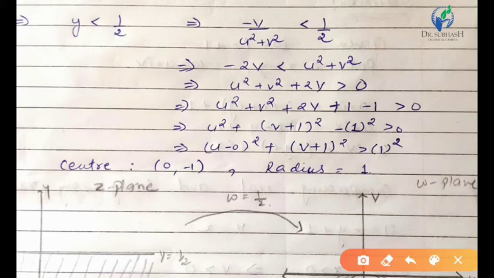Now again, by the equation of circle, u square can be written as u minus 0 whole square. v plus 1 will be as it is, v plus 1 whole square, and this 1 is transferred to the other side, we get plus 1 square. Again here the center will be 0 minus 1 and the radius will be 1.